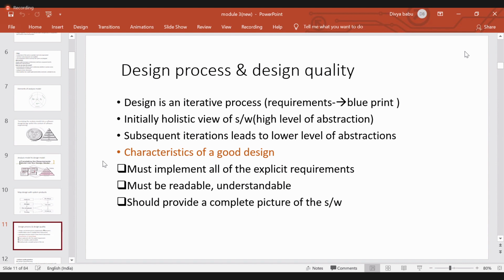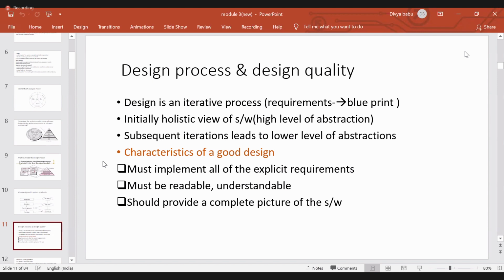When it comes to the internal details, second iterations lead to lower level abstractions. So you should not disclose everything initially. Like DFD: what is the need of drawing DFD 0? I can draw DFD 1 directly. You may feel like that, but you should not do it that way, because it depends on the need. We need different levels of abstraction.